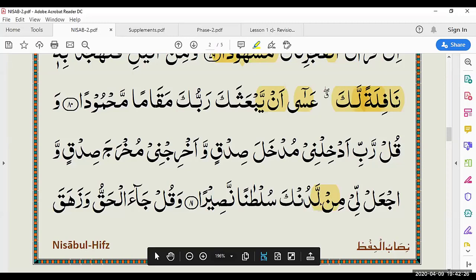In this case we have lam, so this is idgham kamil. And idgham naqis would be when we have noon sakin or tanween appearing before ya with shadda or wa with shadda. So in this case, if you look here, we have ya with shadda. It has noon sakin before it. So this would be idgham naqis because we're going to do a ghunna sound here.